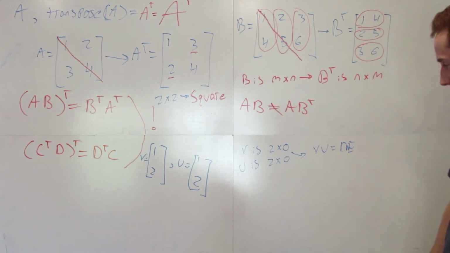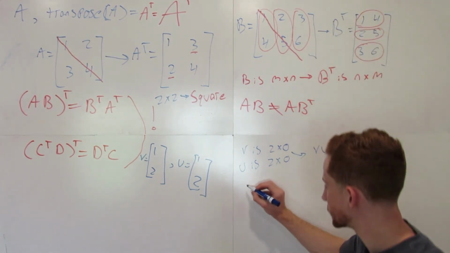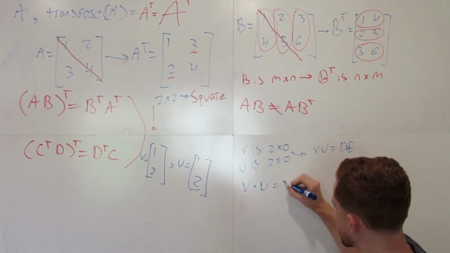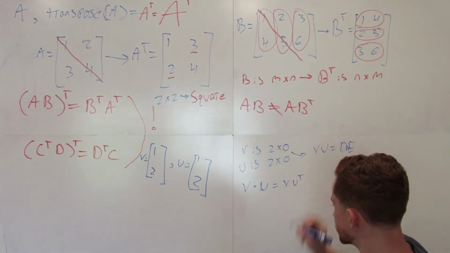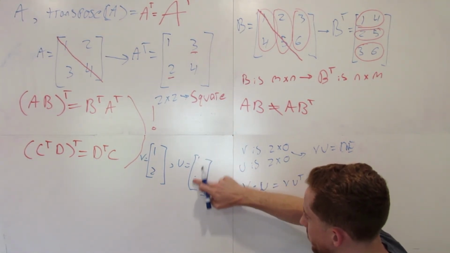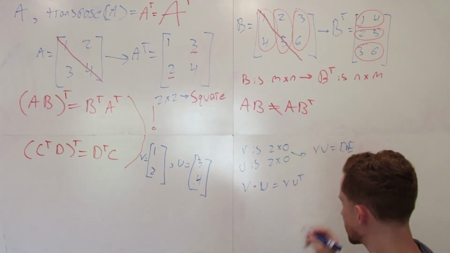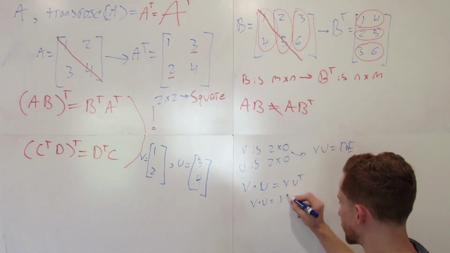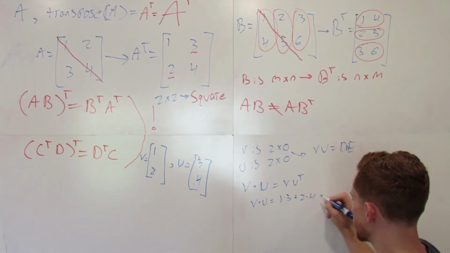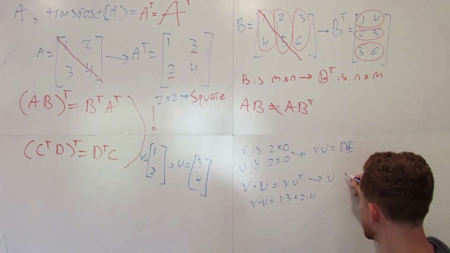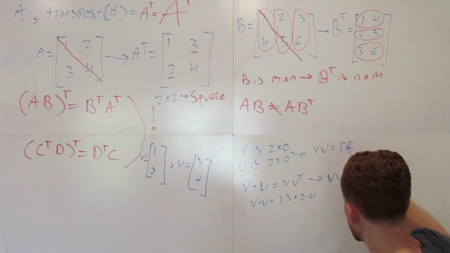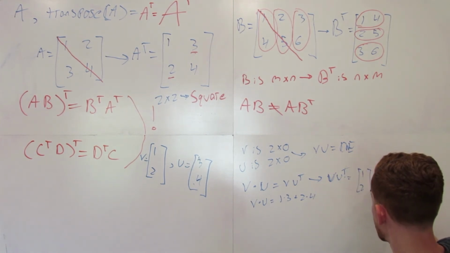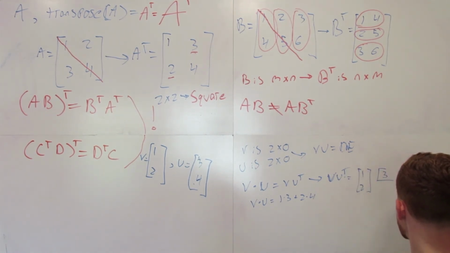So what we actually do to write the dot product is, you notice that V dot U is actually equal to V transpose U. Let's actually change these numbers real quick. So V dot U is just 1 times 3 plus 2 times 4. And then V transpose U is going to be equal to [1, 2] times [3, 4].